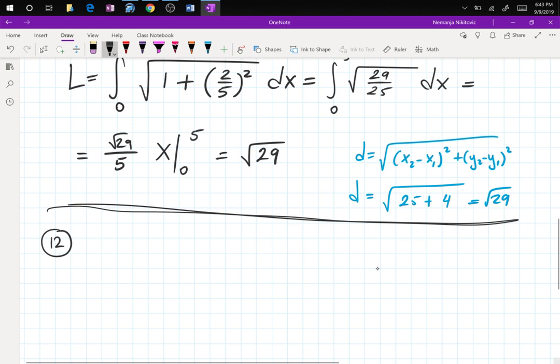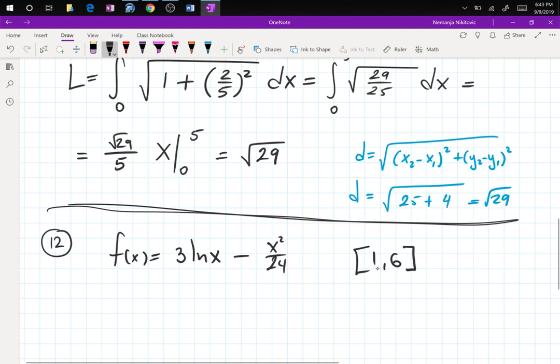This problem has the function f of x is equal to, I believe, 3 ln x minus x squared over 24 on 1 to 6.